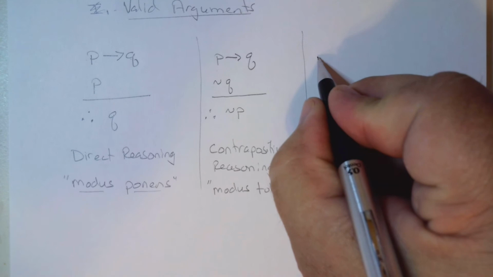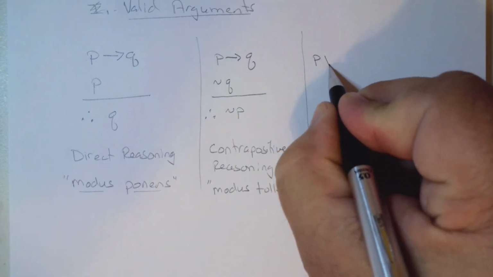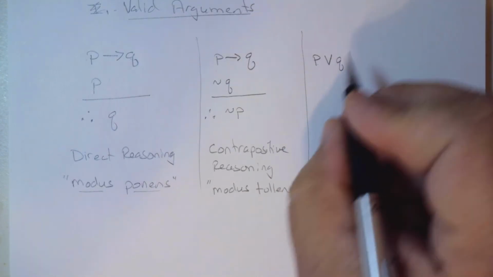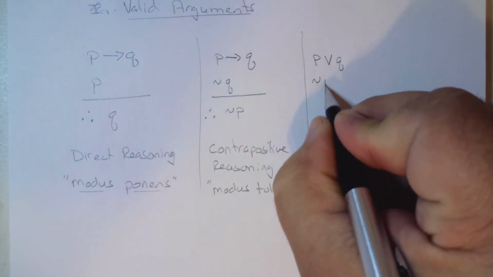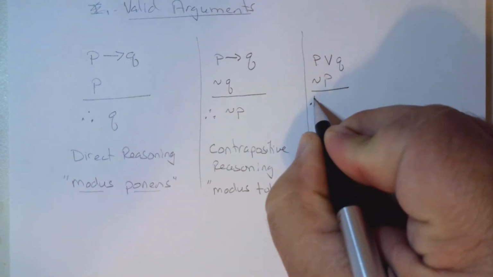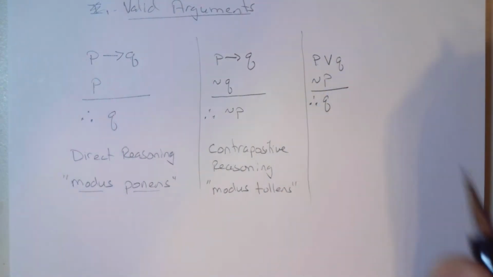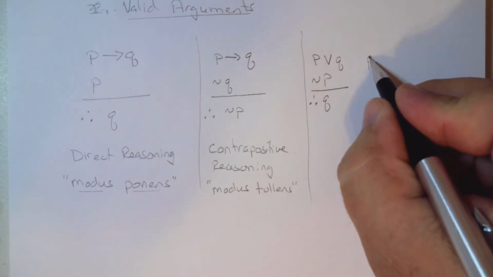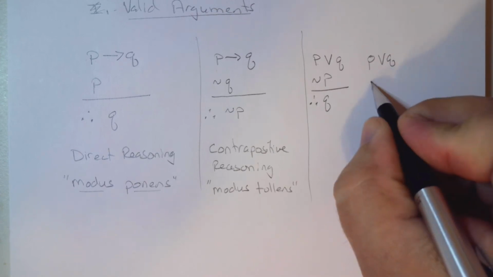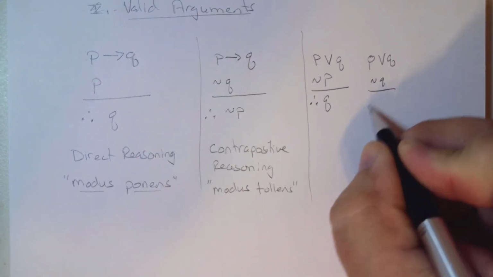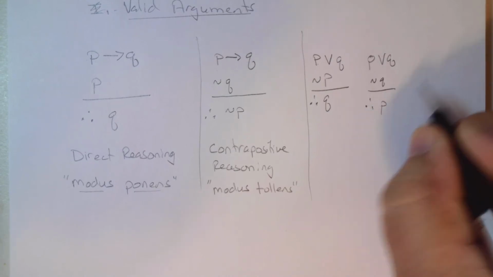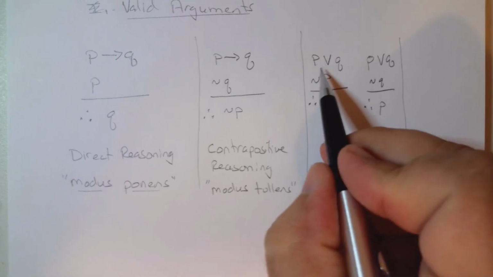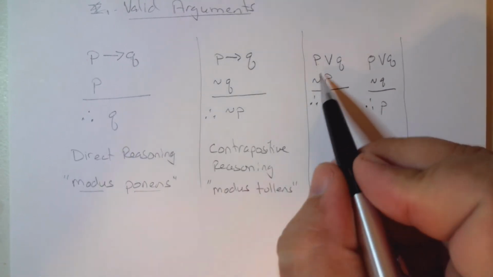You have two more. Using the or statement, P or Q. If not P, therefore Q. And similarly, P or Q. If not Q, therefore P. Because for or to be true, you have to pick either of them.